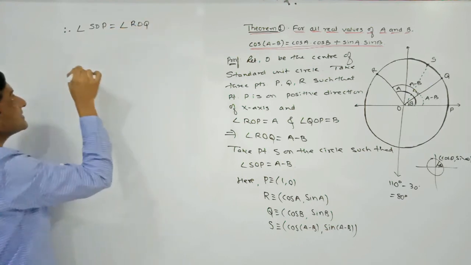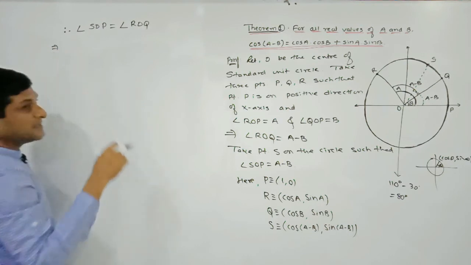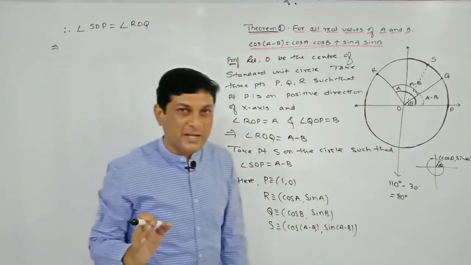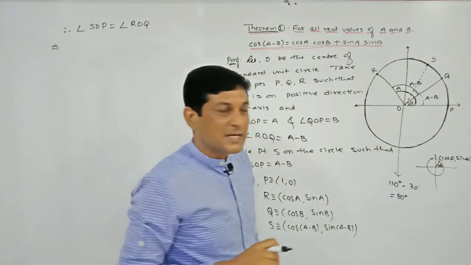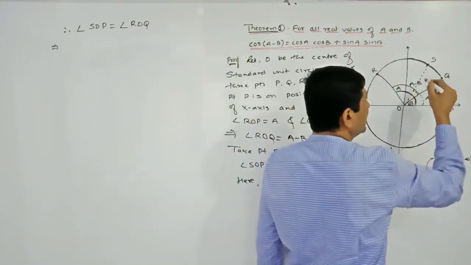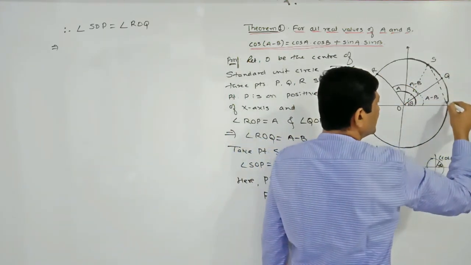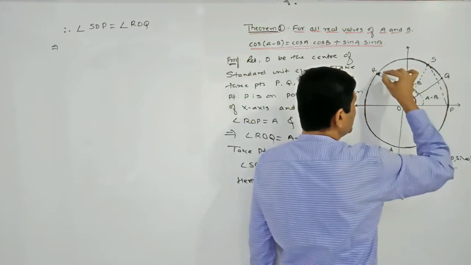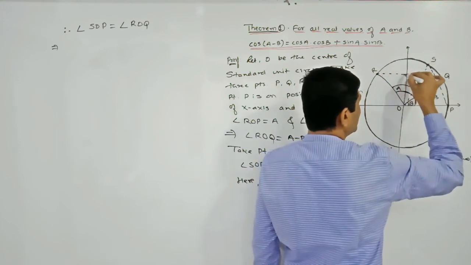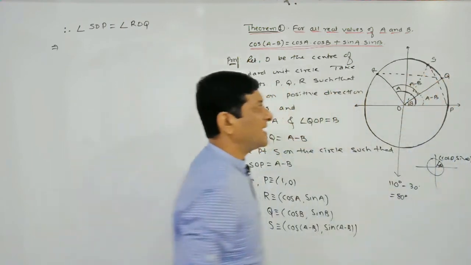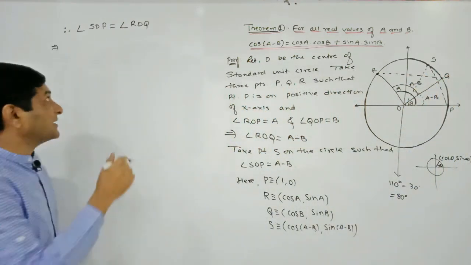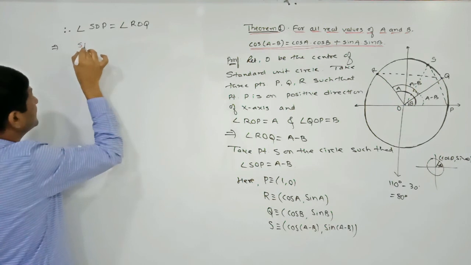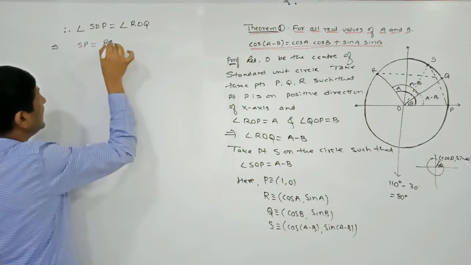Since these two angles are equal, their corresponding chords are also equal. You have studied in your earlier classes that if central angles are equal, then their corresponding chords are equal. The chord corresponding to angle SOP is SP and for ROQ it is RQ. So SP is equal to RQ.